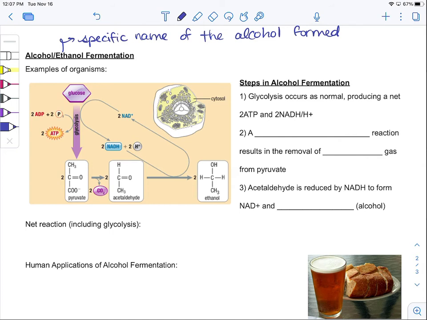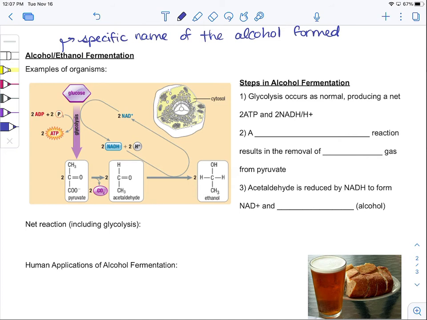That's not something that we necessarily need to know the picture of in terms of what we do in this course. But just in case you're wondering, we'll watch the steps going on here. You'll see that ethanol is just a type of alcohol. It's got that OH hydroxyl group on it.